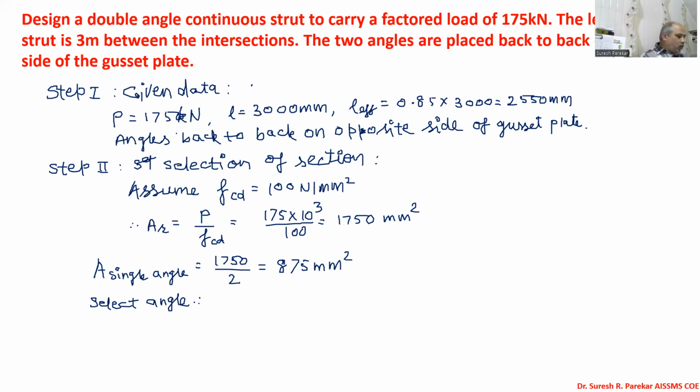If we go to the steel table, IS 800, when the design does not mention the type, we will select equal angle.